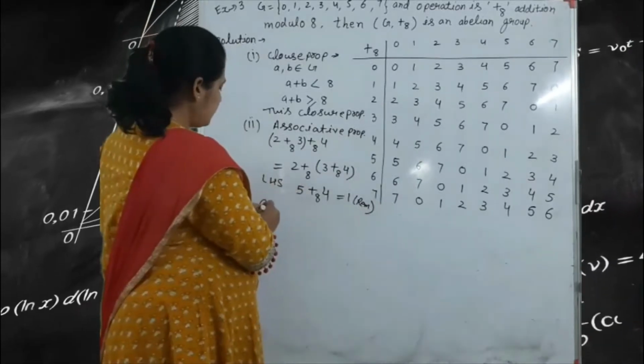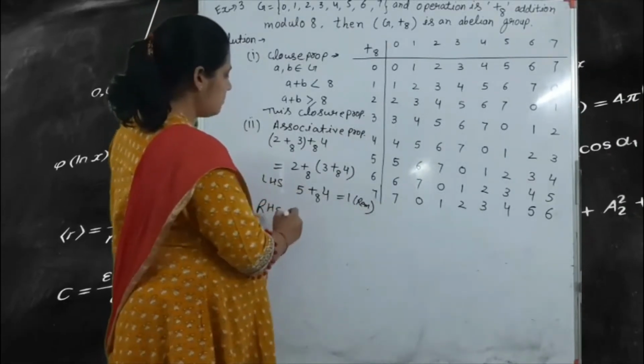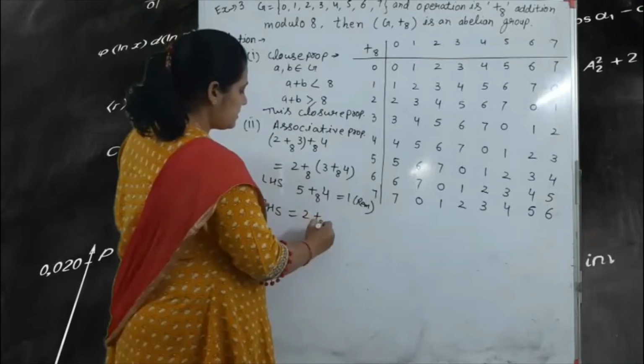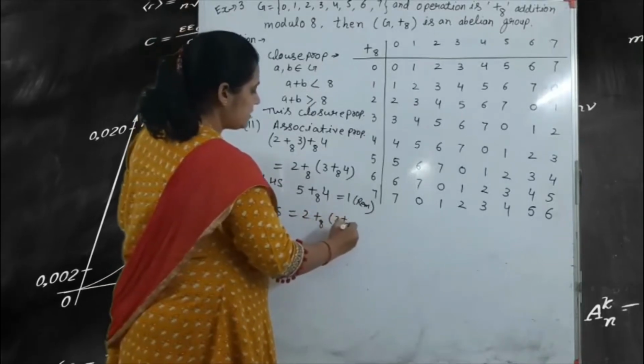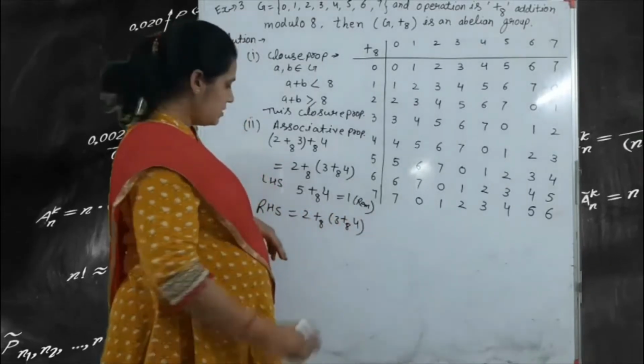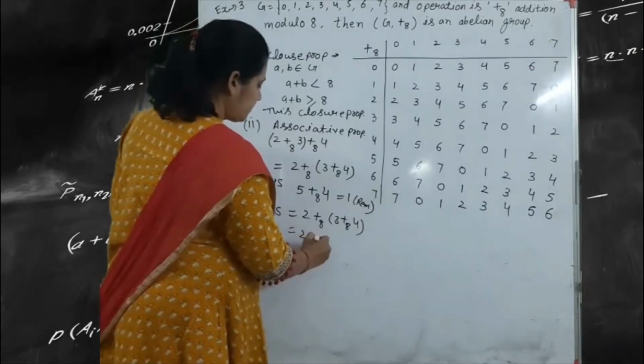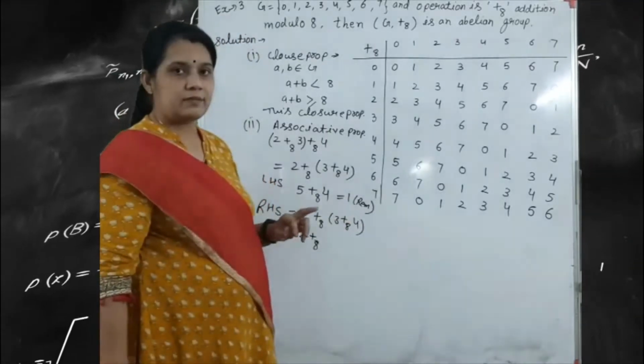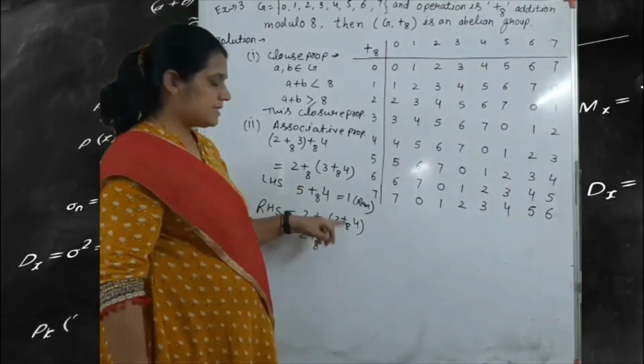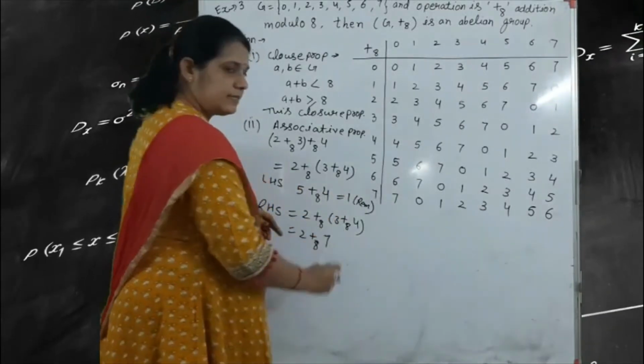Next we find the RHS. So RHS is equal to what? 2 plus modulo 8 (3 plus modulo 8 4). First we write 3 plus 4, that means 7. So 7 is less than 8, so we write directly the 7.